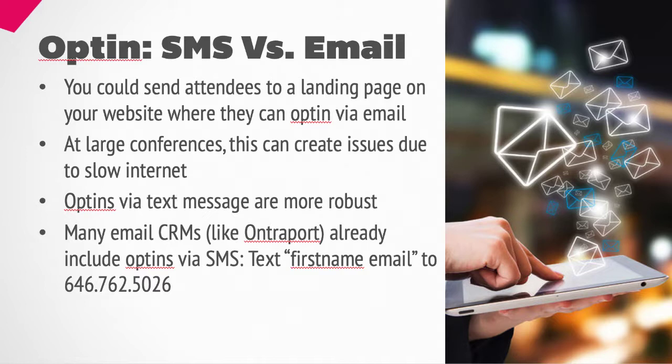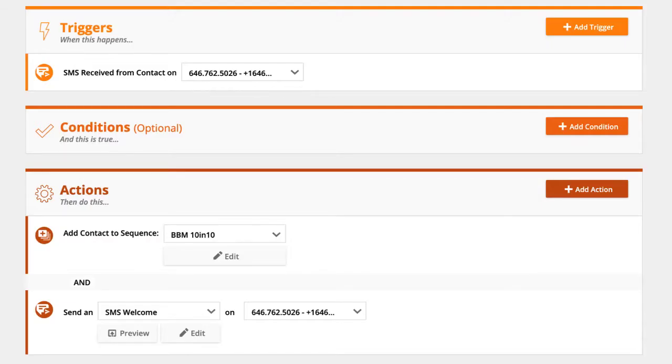There's not a lot to set up, and what that looks like is really that we're setting up a global rule in Entreport that whenever we receive an SMS from a contact at this phone number, then add them to a follow-up sequence, so they're now getting emails, and send them an acknowledgement SMS message back from this SMS number. So if you want to know the specifics of how to set this up, just Google Entreport SMS opt-in and you'll find a step-by-step tutorial to do this.